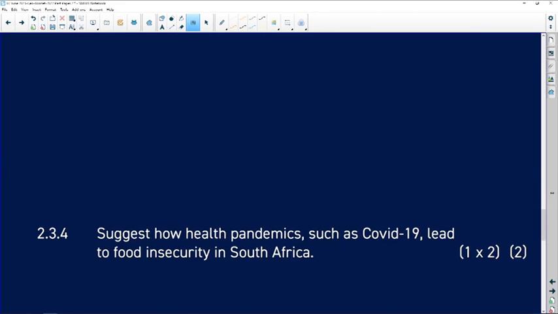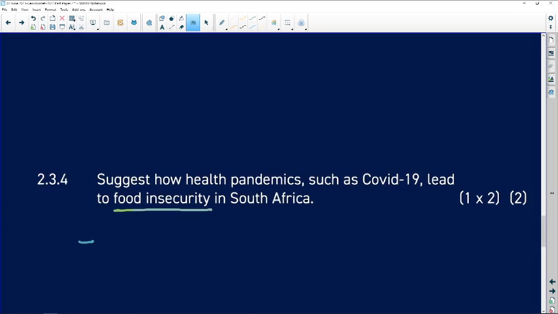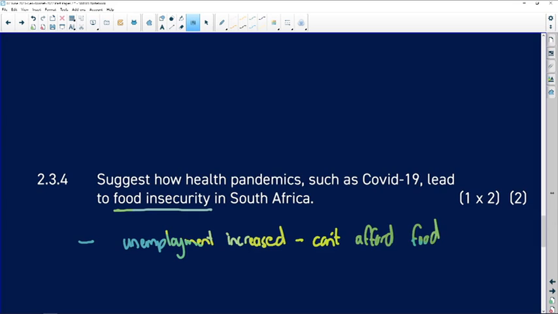2.3.4, suggest how health pandemics such as COVID-19 led to food insecurity in South Africa. I've mentioned it a couple of minutes ago. Obviously, unemployment increased. People can't afford food. People were unable to work because of the lockdown.